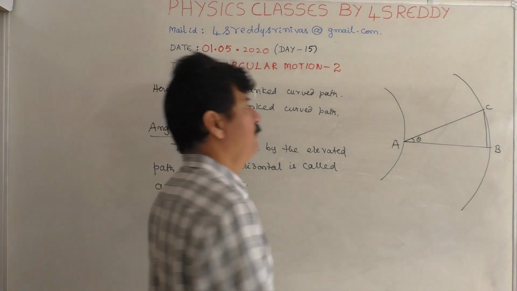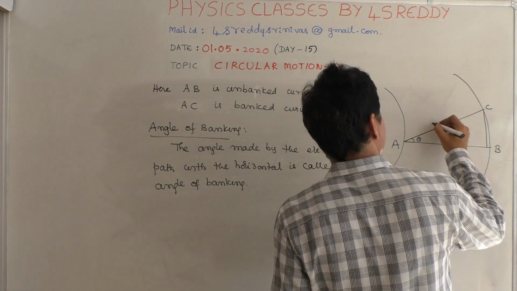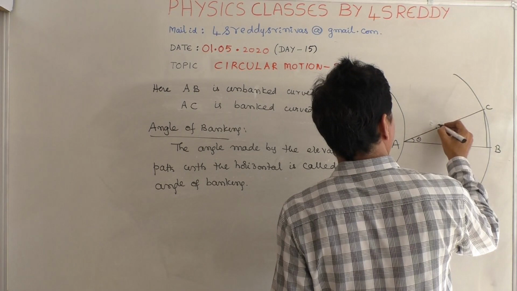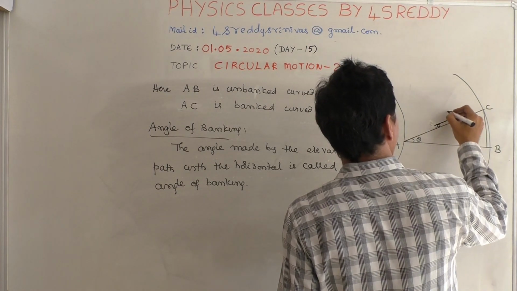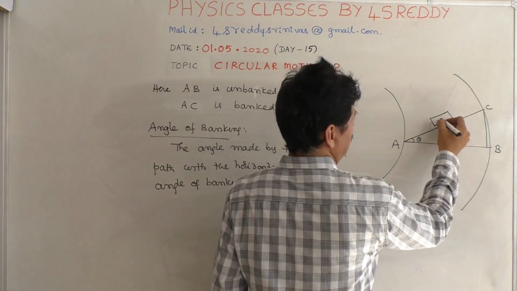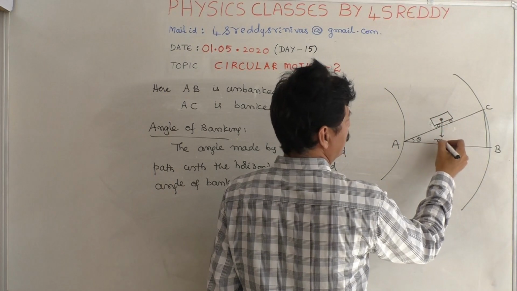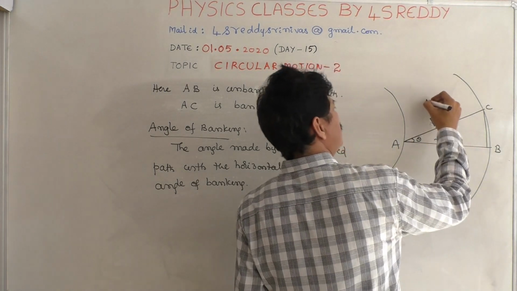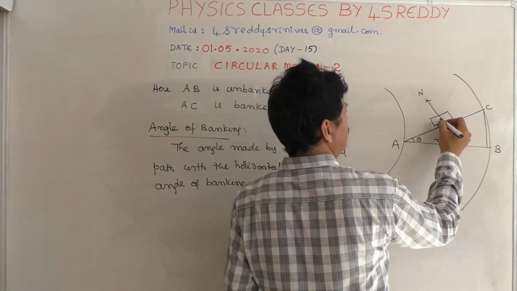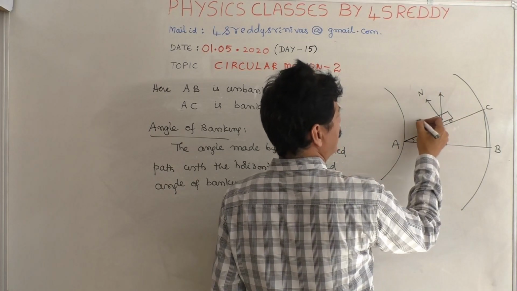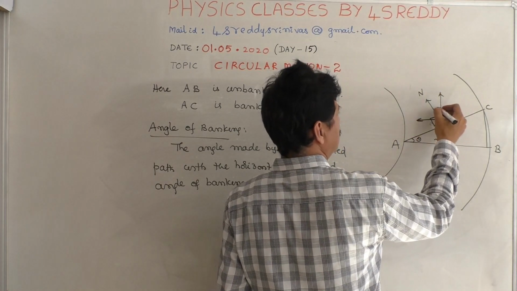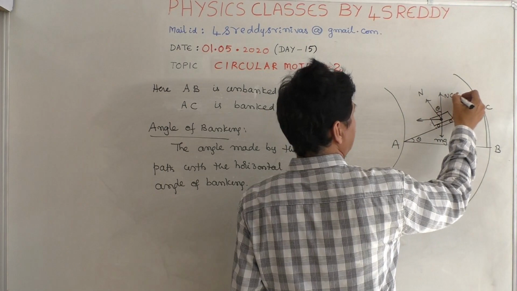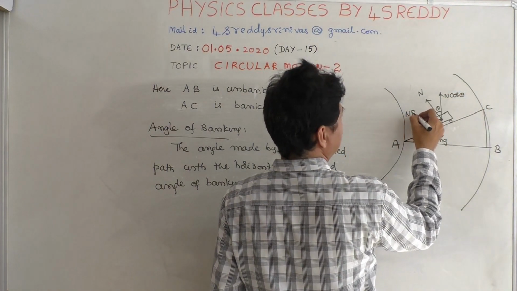That means, for example, if you consider a vehicle moving on an unbanked curved path, the weight always acts vertically downwards, mg. This is the normal reaction. This you can resolve into two components. This will be theta, this is N cos theta, this is N sin theta.